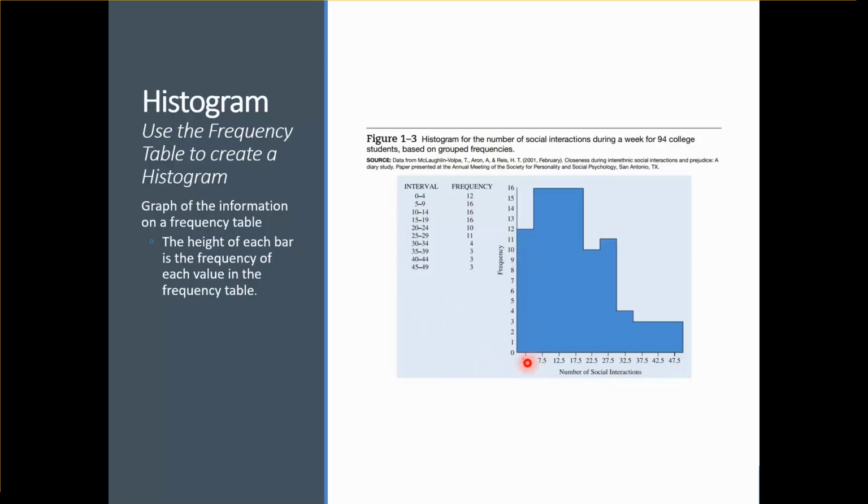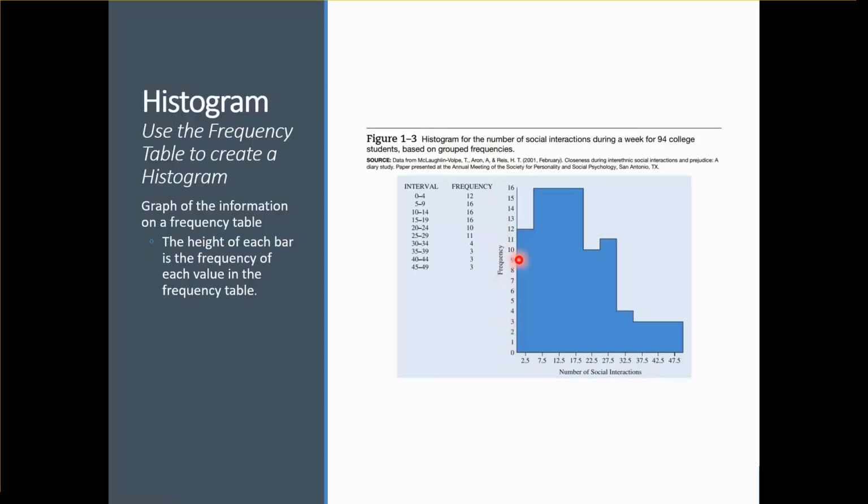So 0 to 4 is here, 5 to 9 is here. They just put the average right there. So this is 0 to 4, 5 to 9, 10 to 14. See how that goes? So these are the intervals going across the bottom. These are the frequencies going up the side.